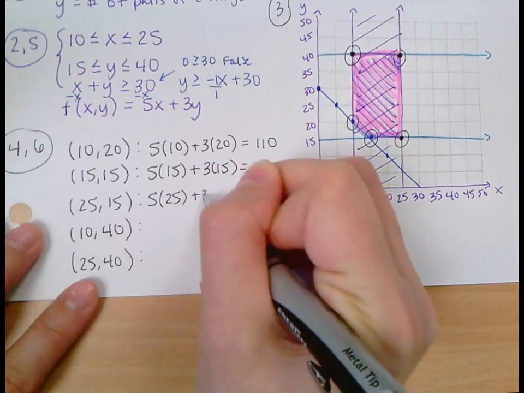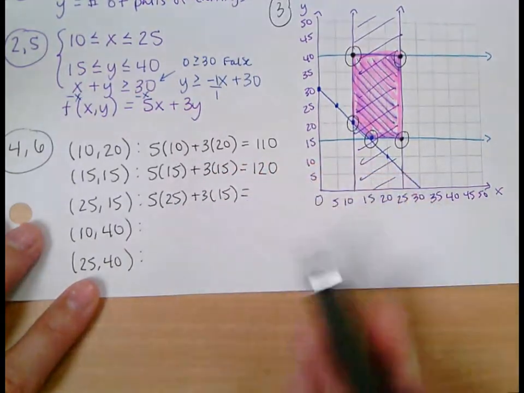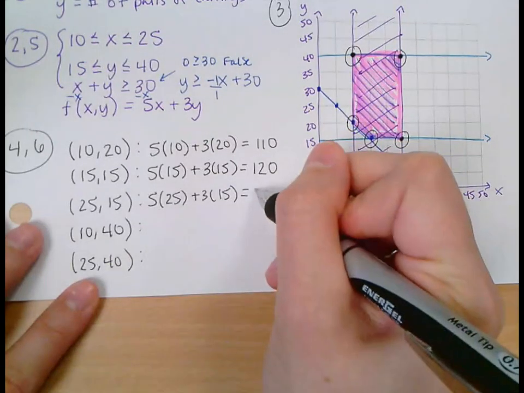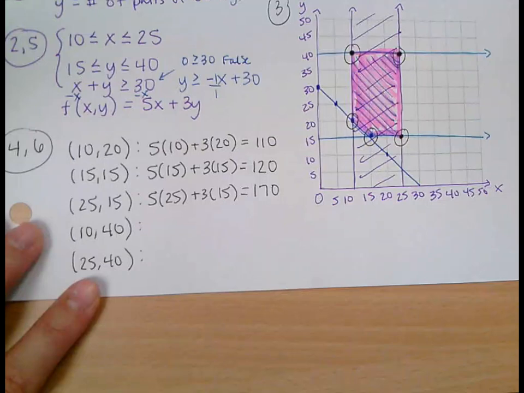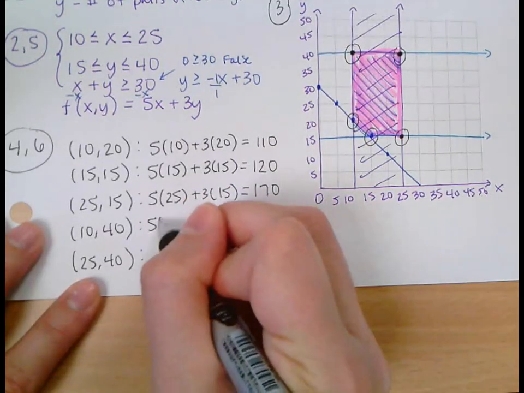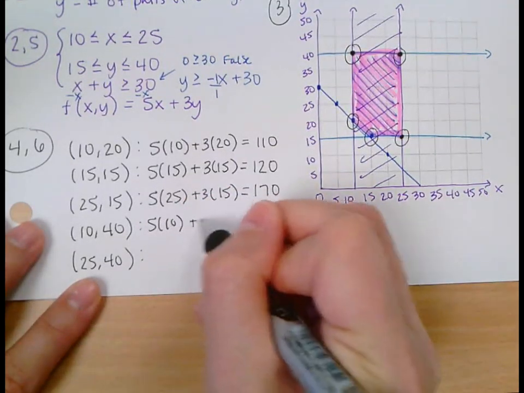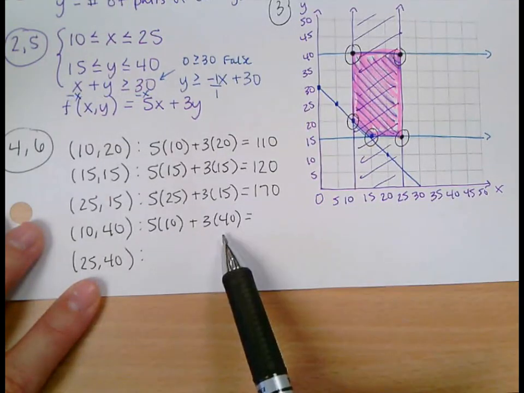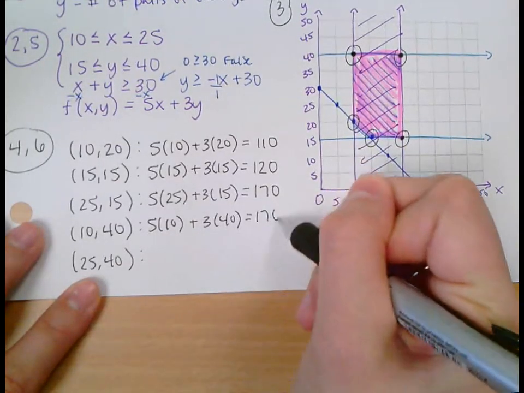5 times 25 plus 3 times 15 for the next one. 125 plus 45, that's 170. 5 times 10 plus 3 times 40. 50 plus 120 is also 170.